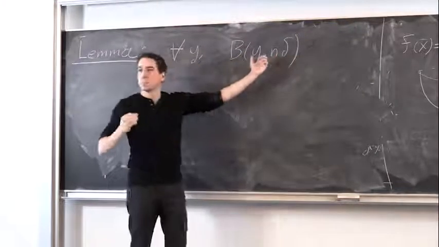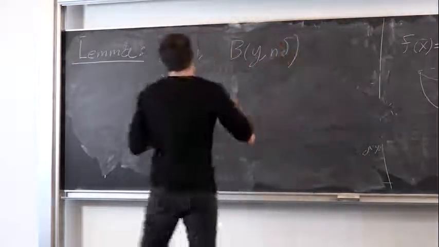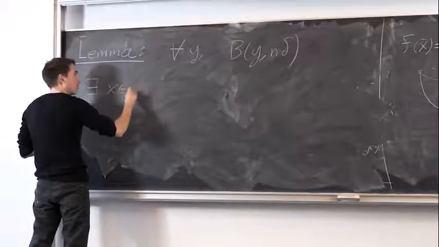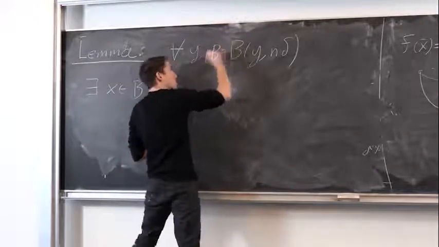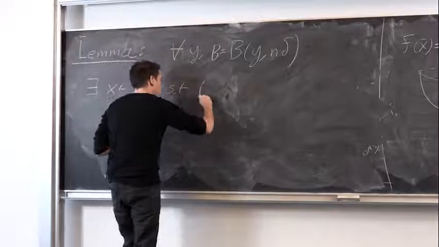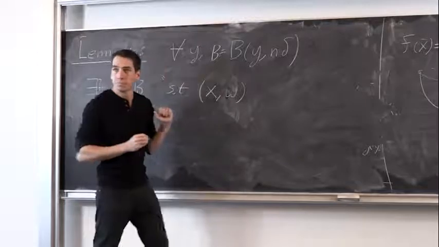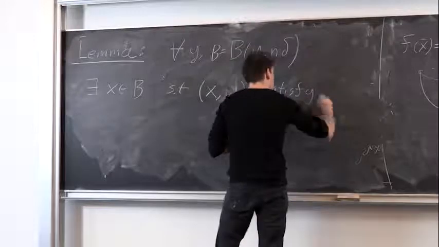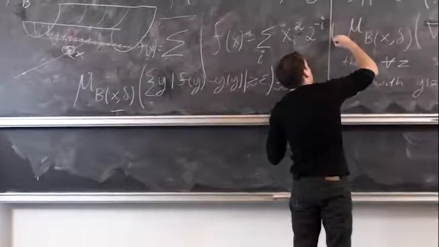Delta is polynomially small in n; this is slightly less polynomially small in n. For every such ball, there exists a point x in this ball such that the pair of points x and w, for some w, satisfy star, where star is this.